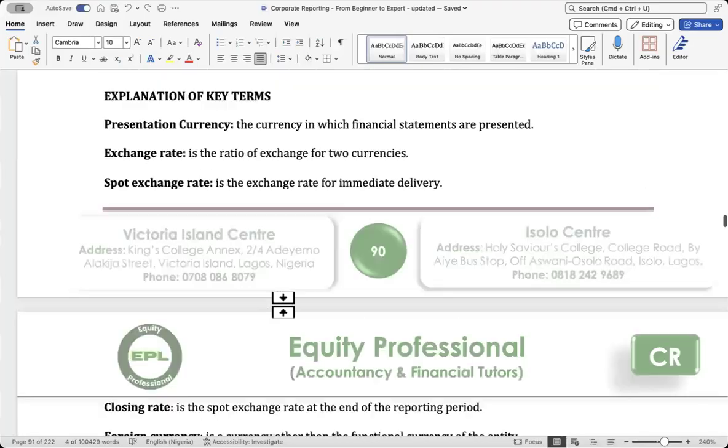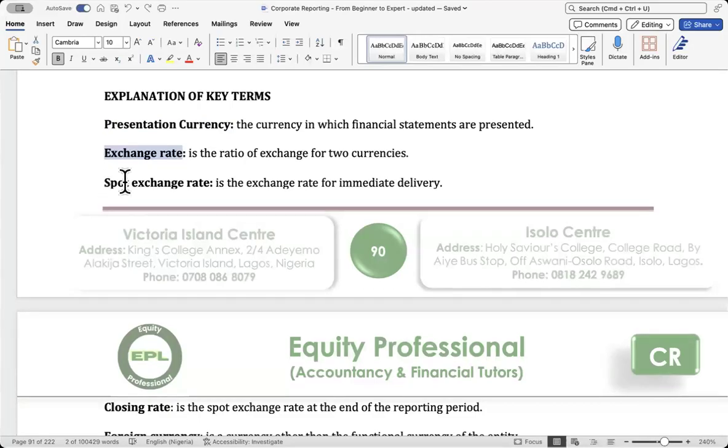So some key terms you'll be meeting as we move along. One is presentation currency. From the name, it is the currency in which financial statements are presented. Of course, I've been mentioning exchange rates. It's the ratio of exchange for two currencies.